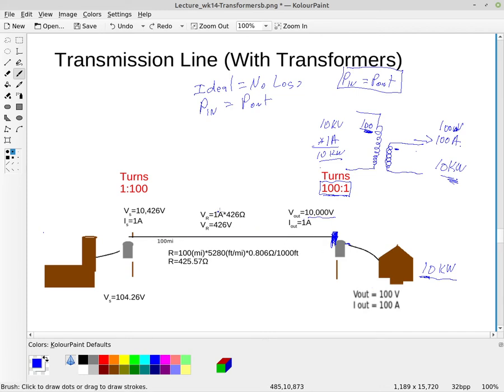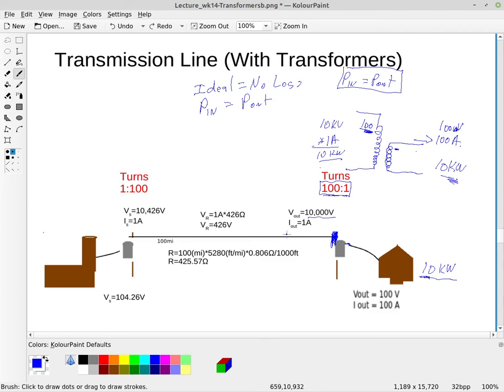So instead of dropping 42,000 volts, we're only dropping 426 volts. 1 amp times 426 ohms is 426 volts. So we're only losing 426 volts across there.